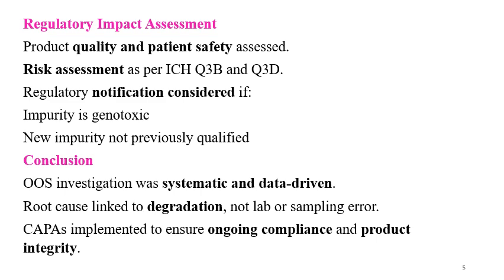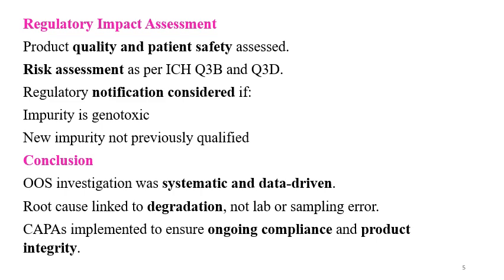The conclusion can be: the OOS investigation was systematic and data driven. Root cause linked to the degradation, not lab error or sampling error. CAPA is implemented to ensure ongoing compliance and product integrity. So the OOS was generated, or the batch was found with a higher impurity level.